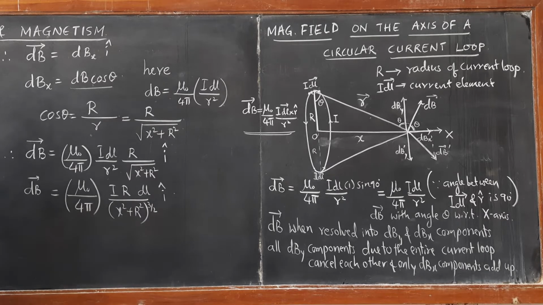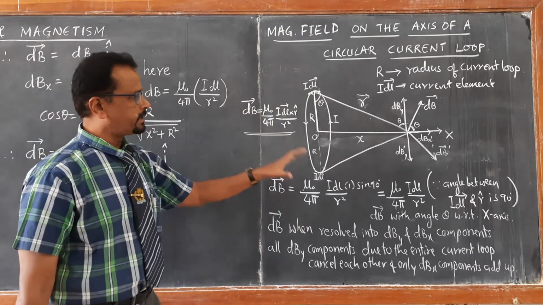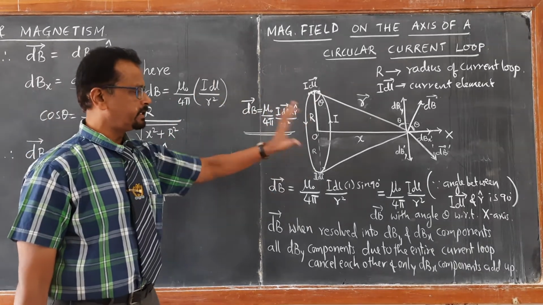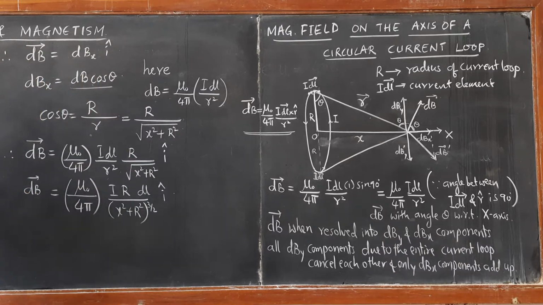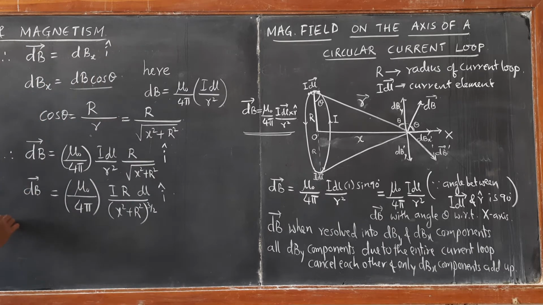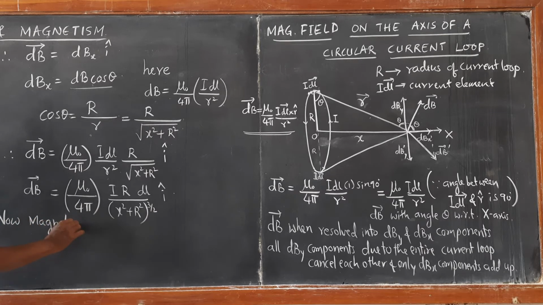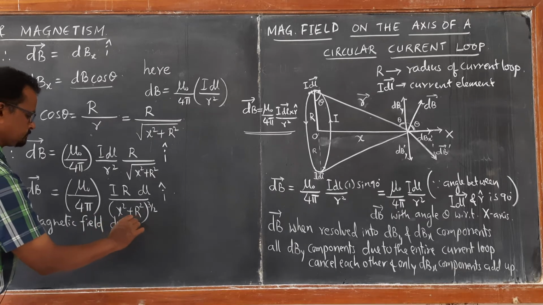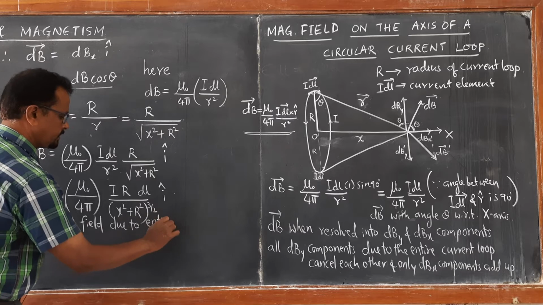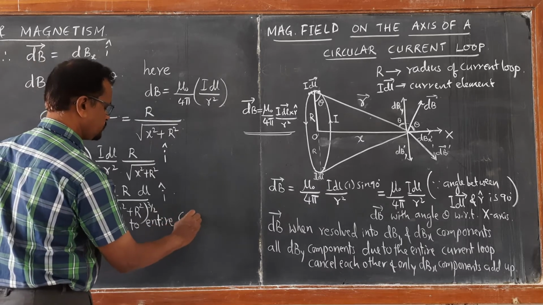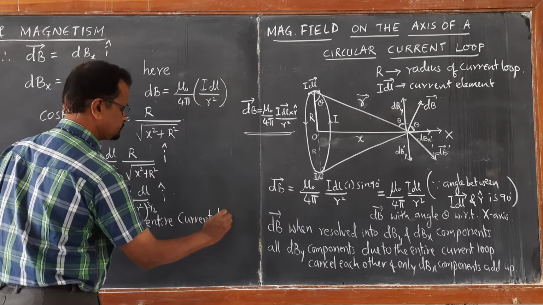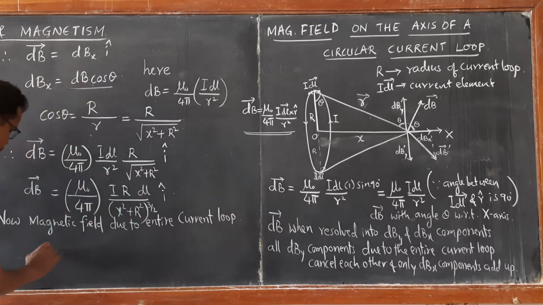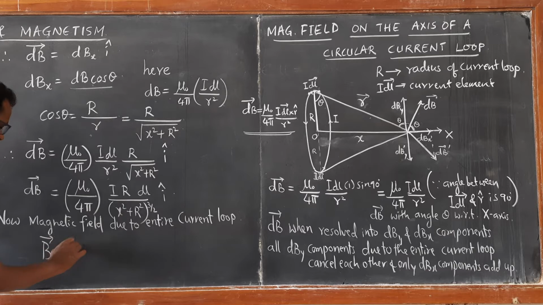Right? Now the magnetic field due to the entire circular loop, you have to integrate it. For the entire current loop, vector B is equal to the integration of this dB.